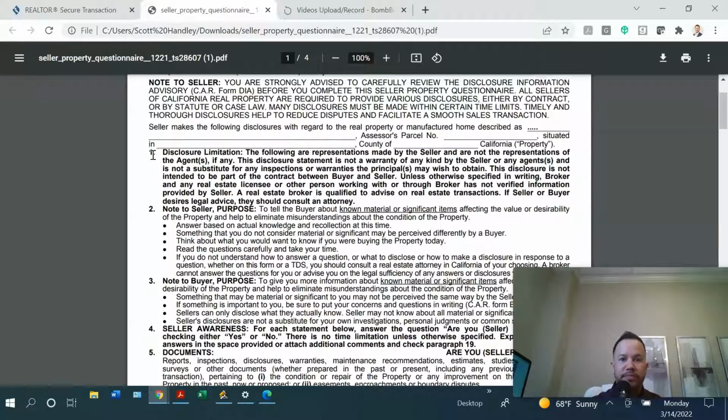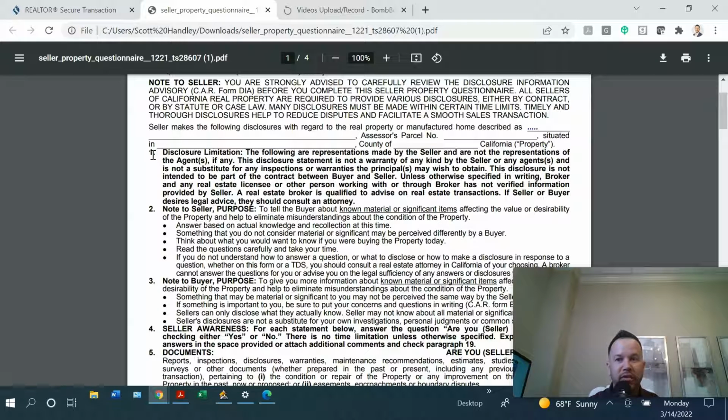Disclosure limitation. The following are representations made by the seller and are not representations of the agent, if any. This disclosure statement is not a warranty of any kind by the seller or the agents and is not a substitute for any inspections or warranties the principals may wish to obtain. This disclosure is not intended to be part of the contract between buyer and seller.